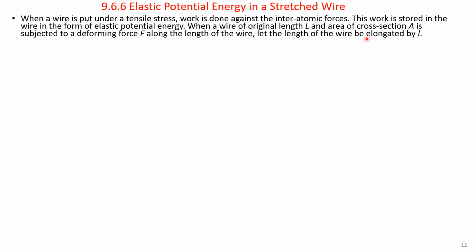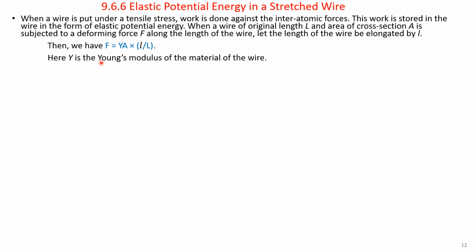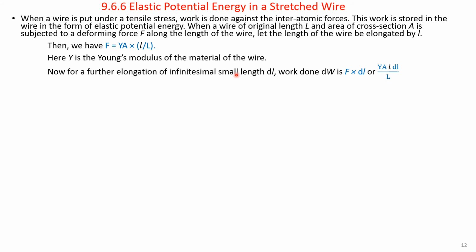So the original length was capital L, the change in length is small l, and then we have F is equal to YA into small l by capital L. Here Y is the Young's modulus of the material of the wire.